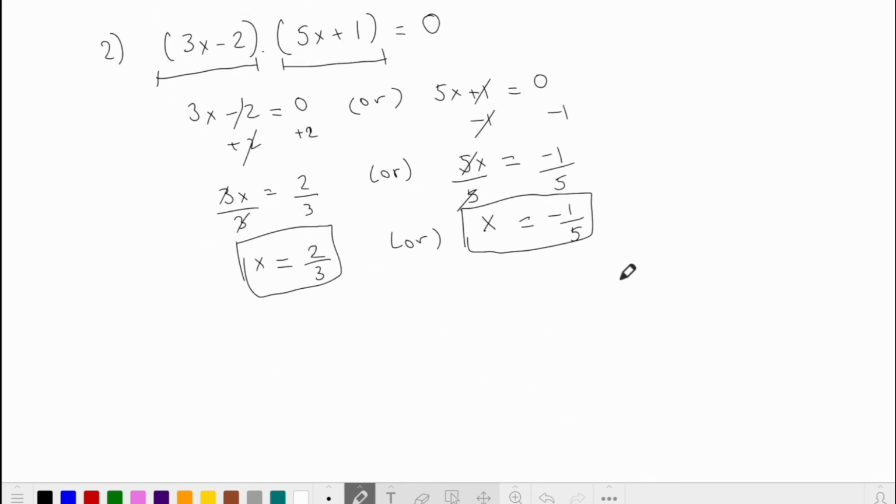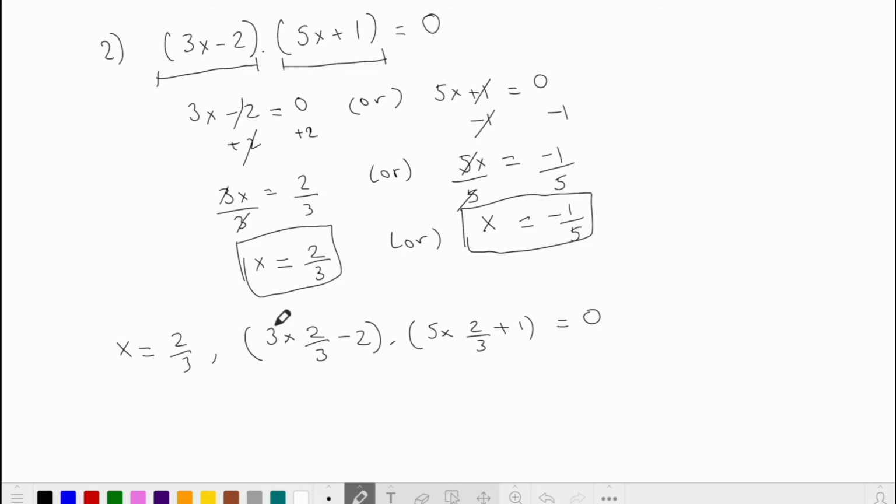Now let's check our solution, whether those answers satisfy the equation or not. So we will plug in x equal to 2 by 3. In the first scenario, when x is equal to 2 by 3, then we have 3 times 2 by 3 minus 2, times 5 multiplied by 2 by 3 plus 1 is equal to 0.